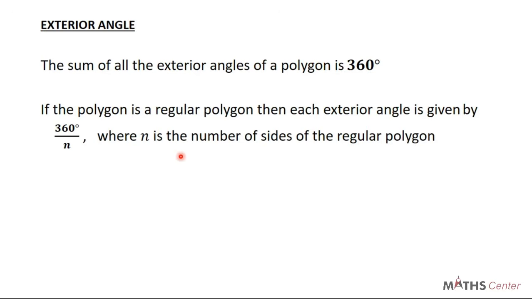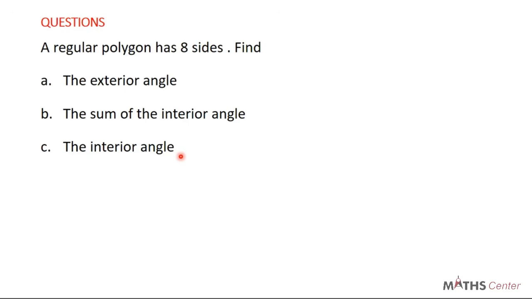Now let's see how we can apply these formulas to solve some questions. Let's take the first question. A regular polygon has 8 sides. So here the question is telling us that the polygon is a regular polygon. Find the exterior angle. What this means is that we should find one exterior angle, and because the exterior angles are equal, we know that it's going to be 360 degrees divided by n, where n is the number of sides.